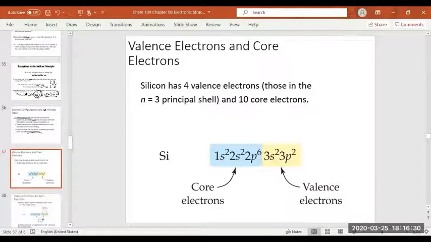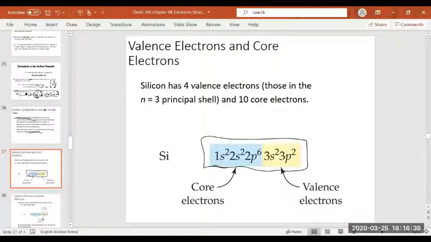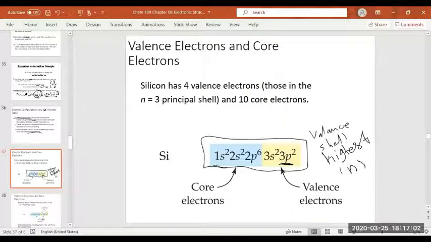So look here, silicon has this electron configuration. Now which one is the valence electron? Look at the last shell. Be careful, this is the last subshell, the 3p. The last shell, the main shell, or valence shell, is the one with the highest n value.